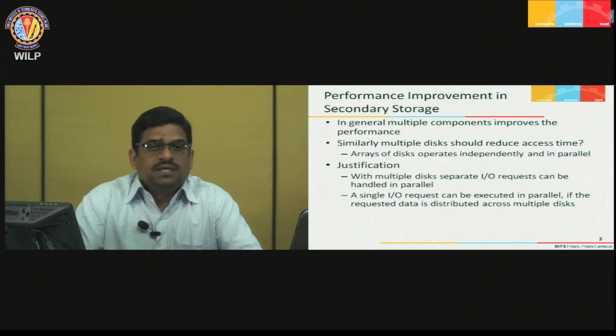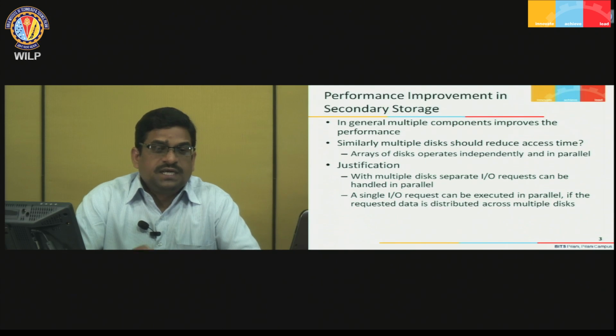The second possibility is that a single IO request can be executed in parallel. Some applications are those for which the access time is critical. When you give a request, the response should come in a definite amount of time, and that response can be in terms of transferring some amount of data.